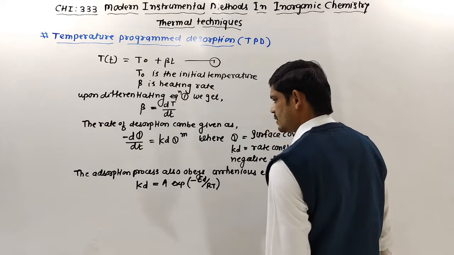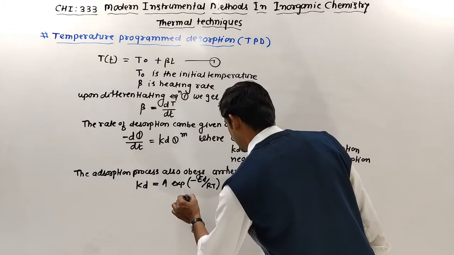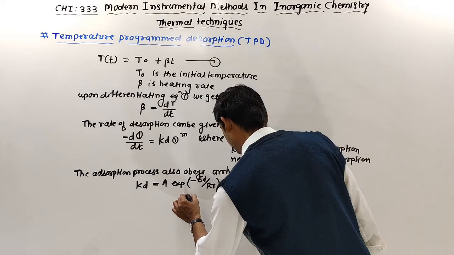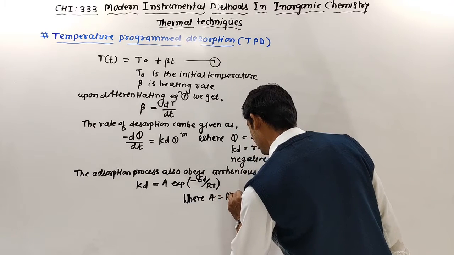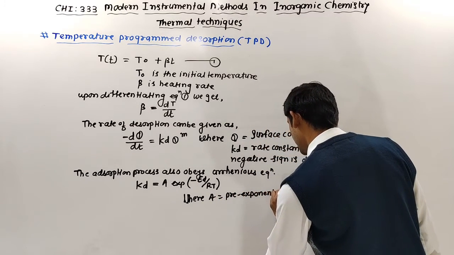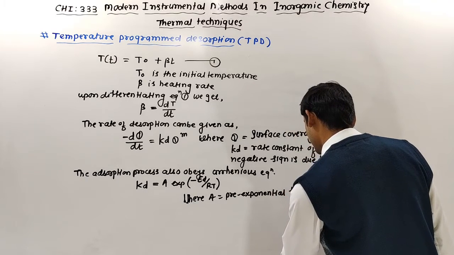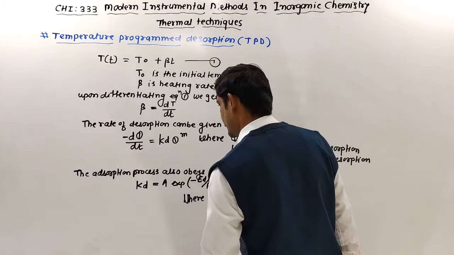So in this equation, A is the pre-exponential factor.